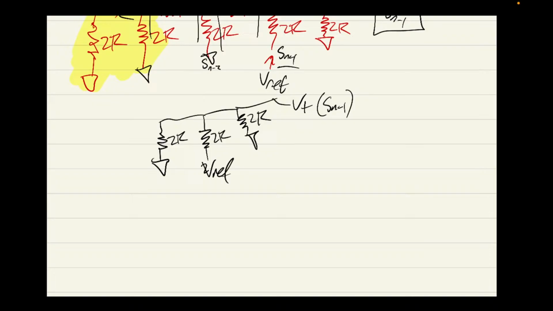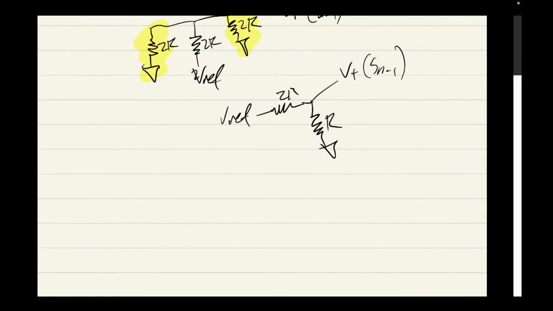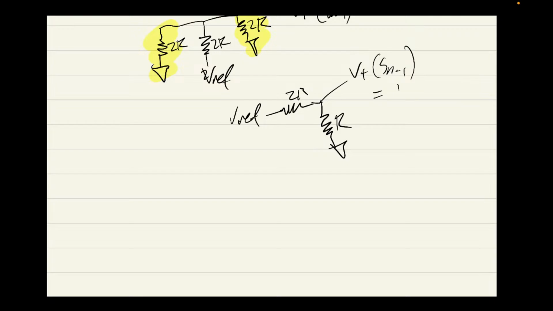We can consider this as a very nice voltage divider of 2R over here, and these two resistors combining in parallel to give us R to ground. V plus from Sn-1 is going to equal 1/3 of VREF. Okay? Good stuff.